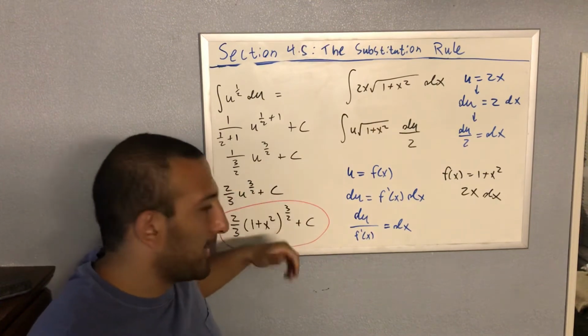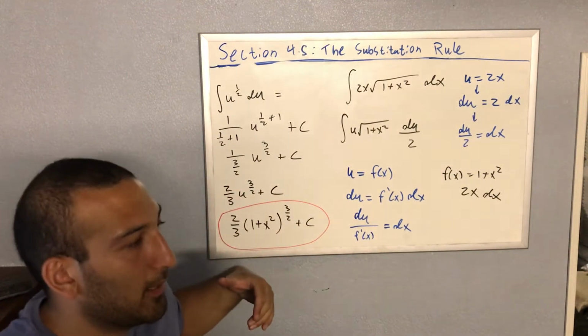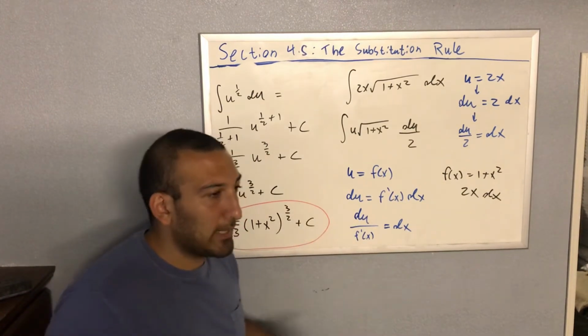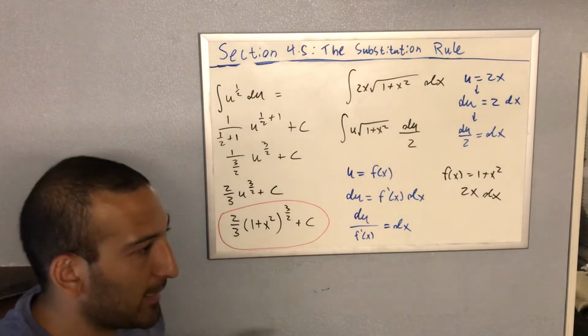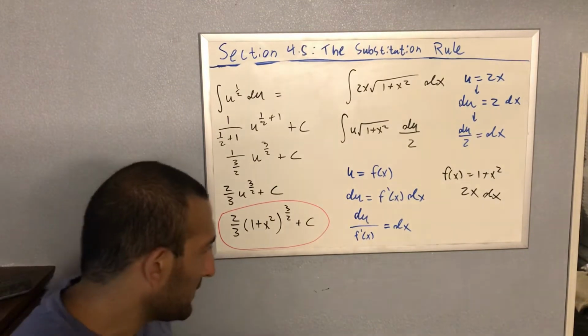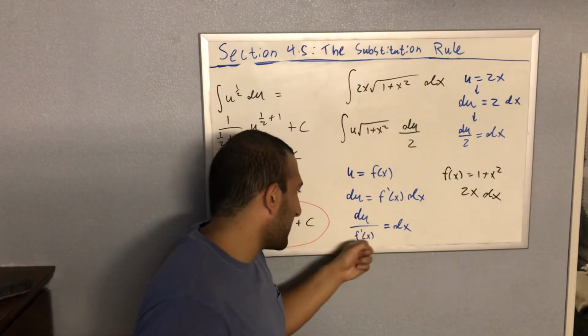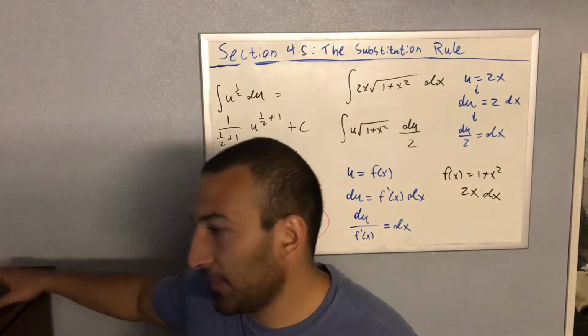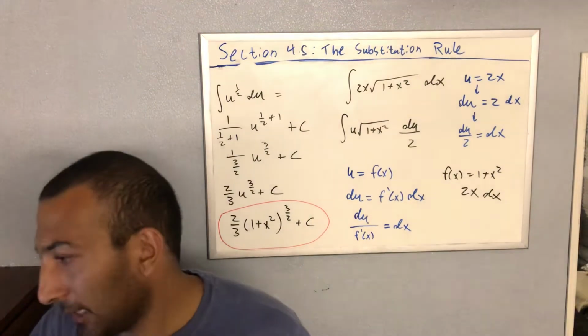So in the back of your head, you need to think, which one of these choices of u, when I take its derivative and I divide by it, is going to cancel out with stuff. This is the guy that's canceling. So that is the way you want to pick your u. So let's do another example and see.